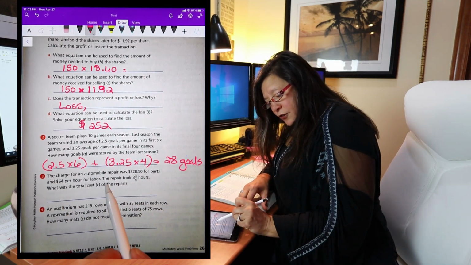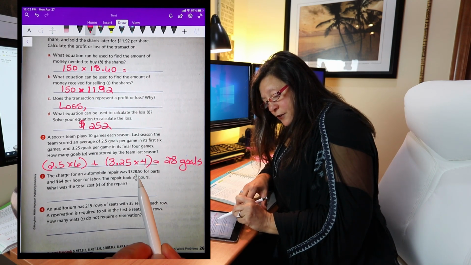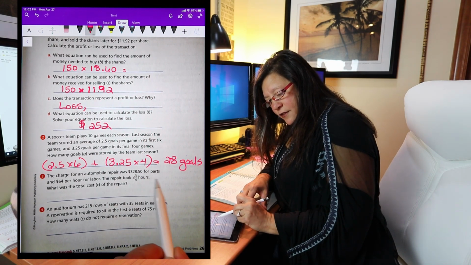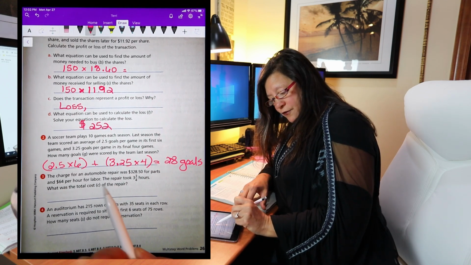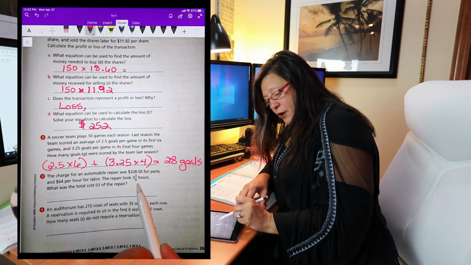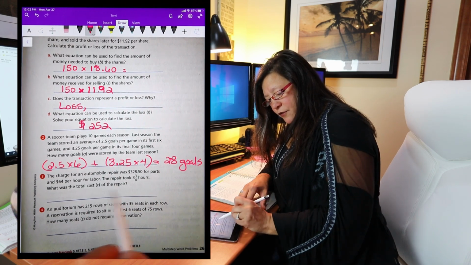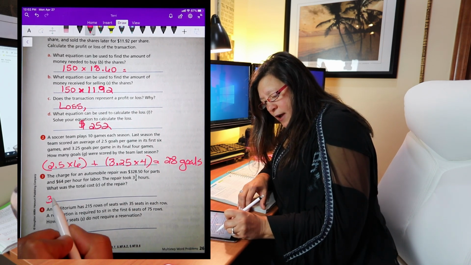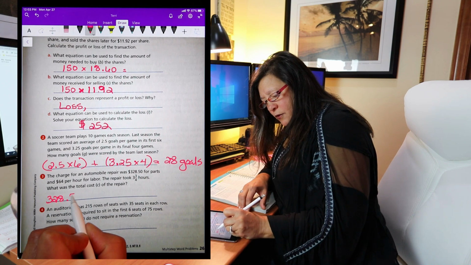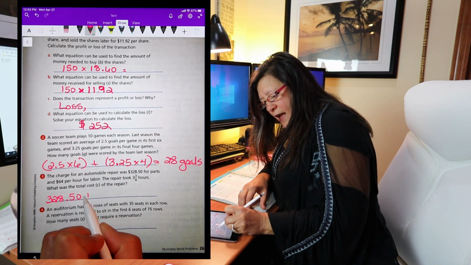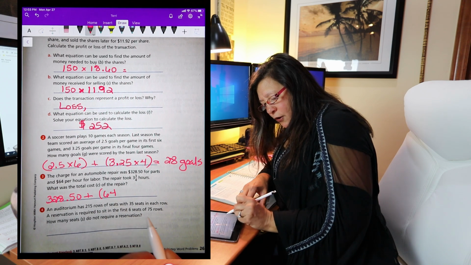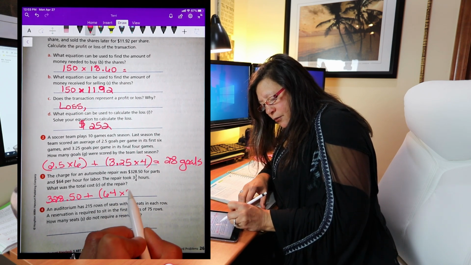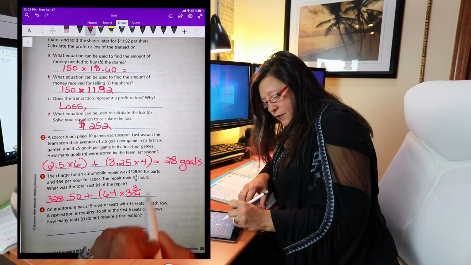Number 3, the charge for an automobile repair was $328.50 for parts and $64 per hour for labor. The repair took 3 3/4 hours. What is the total cost? Well, you have your parts, $328.50, and you're going to add that to $64 per hour times 3 3/4 hours.